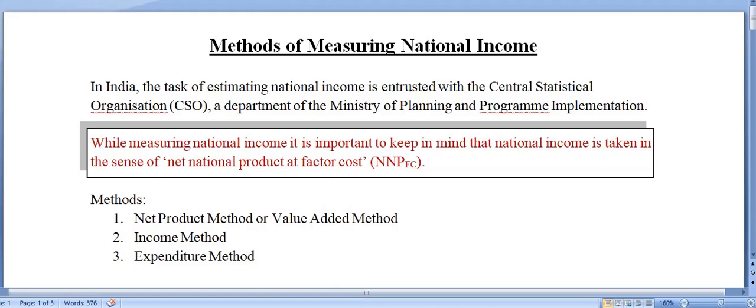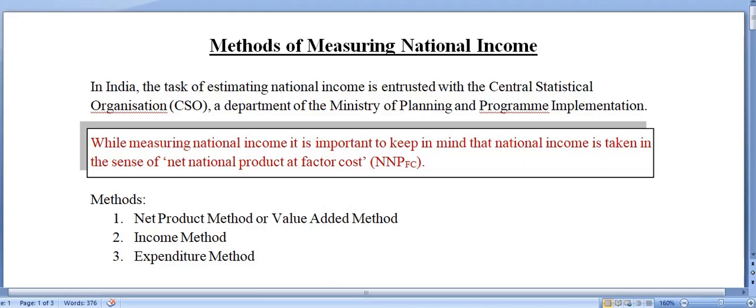So all those developments, growth, welfare can be quantified with the help of measurement of national income. So let us begin.